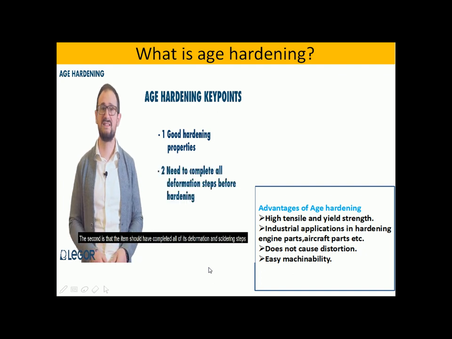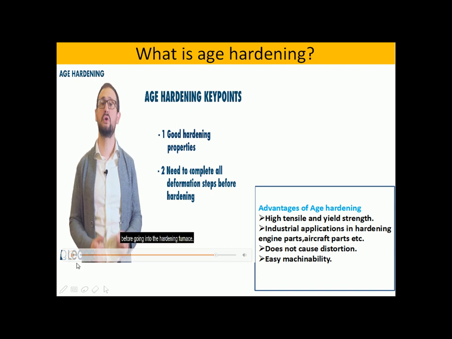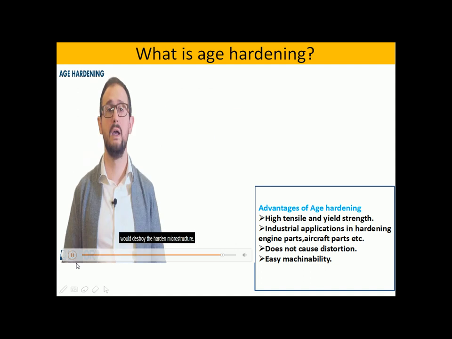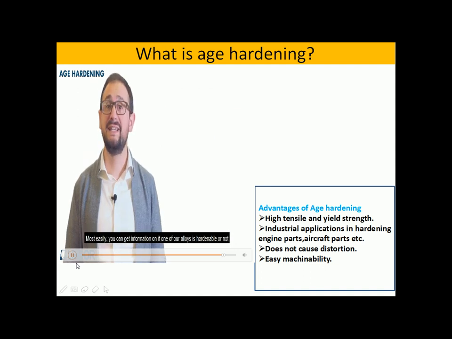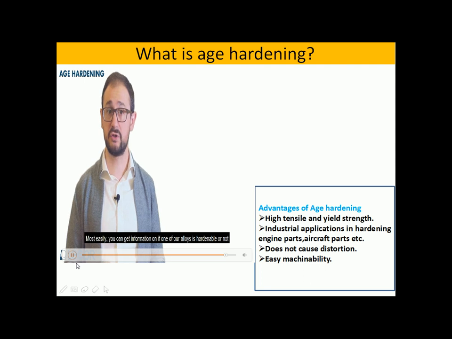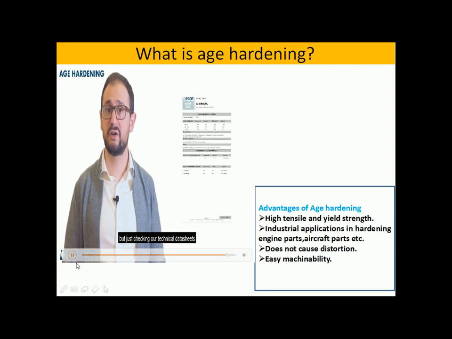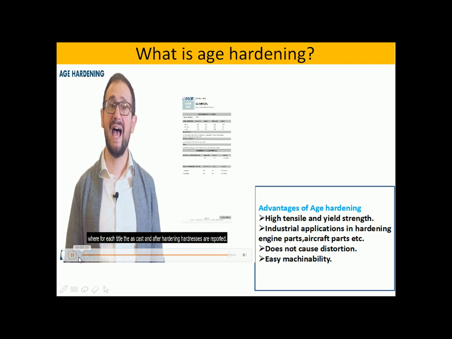Most easily, you can find out whether one of our alloys is hardenable by checking our technical data sheets, where for each title the as-cast and after-hardening hardnesses are reported. On technical sheets, you will also find the correct hardening furnace temperature. You can also get more detailed information and scientific background on age hardening by checking our JTF archives, where this topic has been extensively discussed.